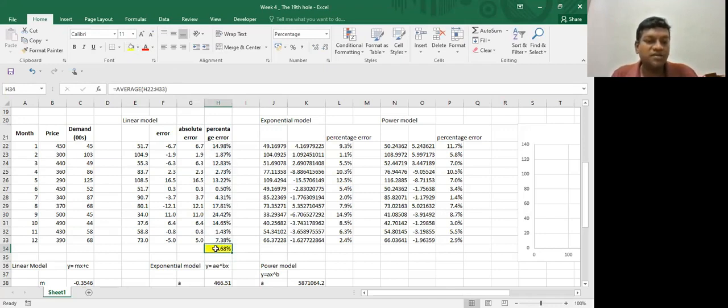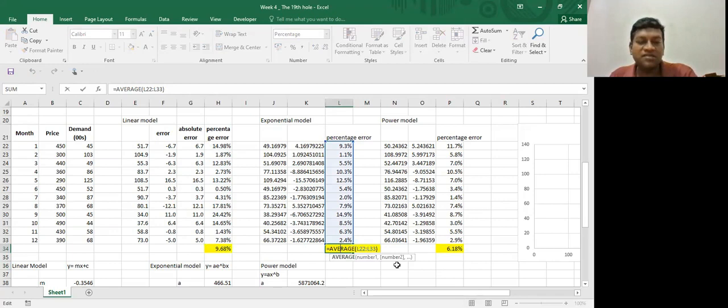I simply Control C and I do Control V. I see Control V here as well. You can see the magic of cell referencing. You notice this is actually the average of this, and I told you the formula and formatting gets copied.